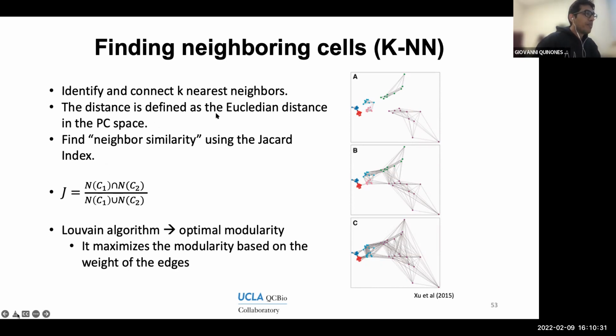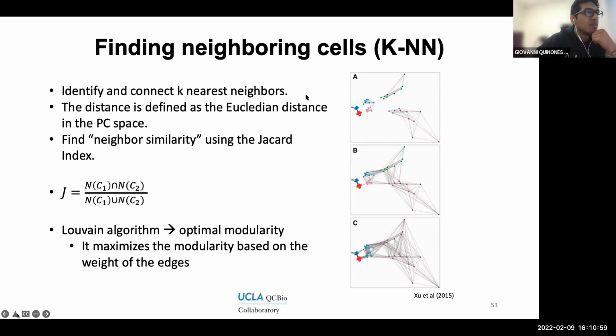You calculate the distance from cell to cell in this PC space. And the reason it's called k-nearest neighbors is that this parameter k is user defined. So you can say, for example, I want to find the 6 closest neighbors for every cell.